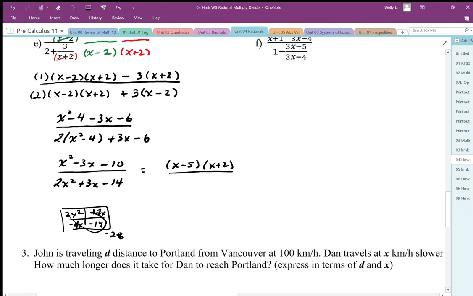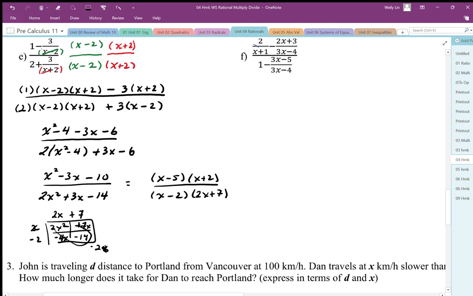So we get 2, so the 2 is going to come out this way, we're going to end up with a minus 2 here and a plus 7 here. So we end up with x minus 2, 2x plus 7. There are no common factors, so we can leave our answer like this.